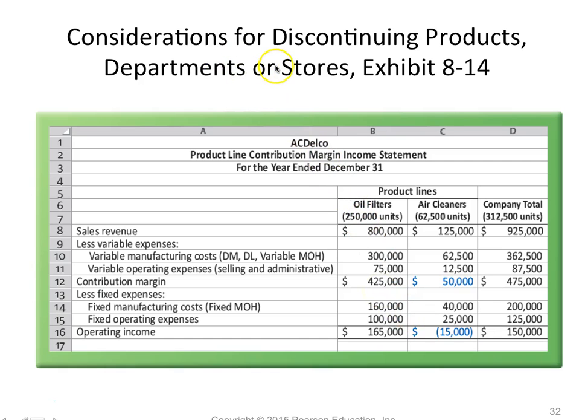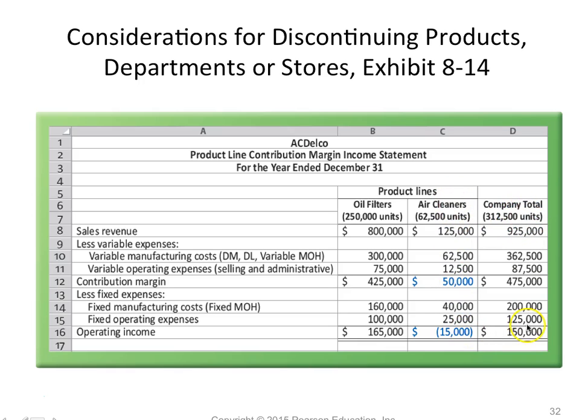Here is an example to consider for discontinuing a product, department, or store, and it's for the product line of air cleaners. We have sold many units and have a positive contribution margin, but we have pretty high fixed manufacturing costs and high operating expenses, so we find that we are losing money on this line of product.